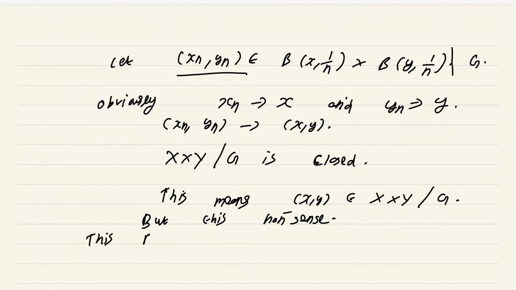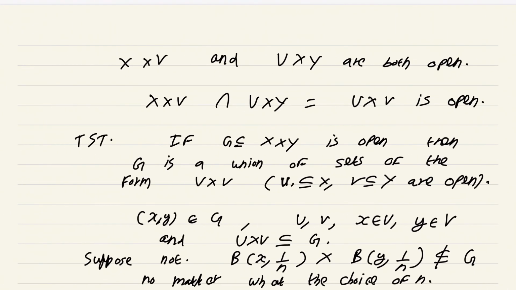Our assumption, more specifically this assumption that you cannot find open sets U and V such that U cross V is a subset of G and (x, y) is there in U cross V, is untenable, and therefore the result is proved.